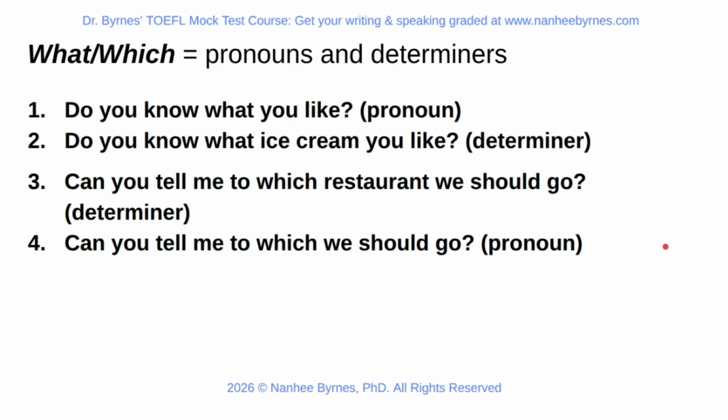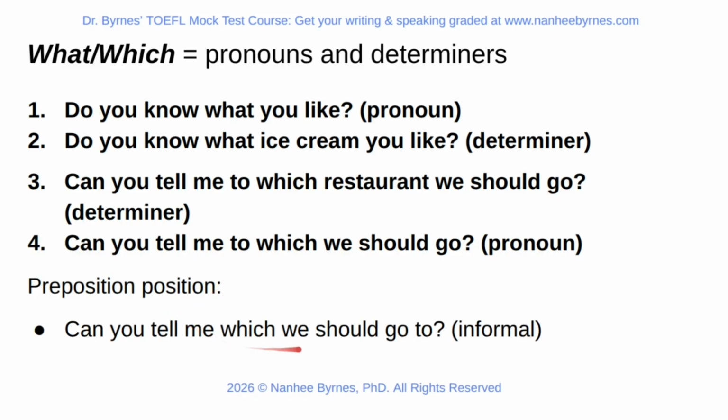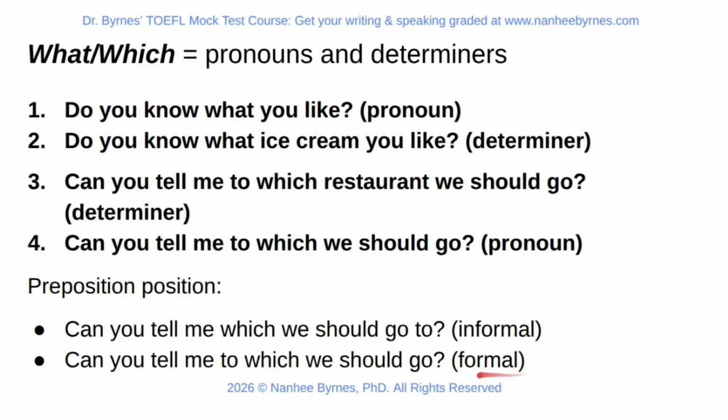Some WH words that form noun clauses, especially what, which, and how, can take their own nouns or adjectives. For example, do you know what ice cream you like? Can you tell me which restaurant we should go to? The word how is even more versatile.